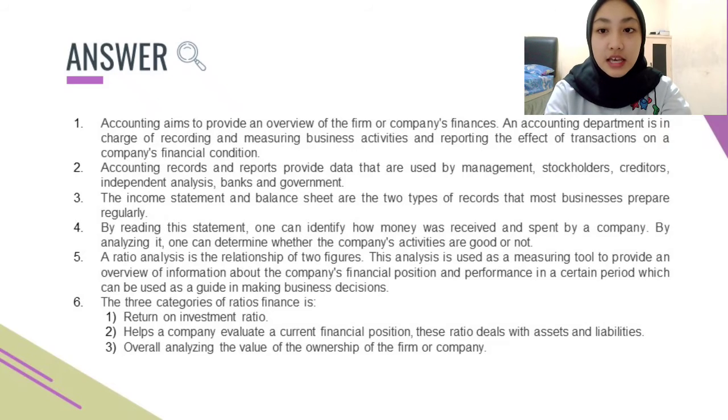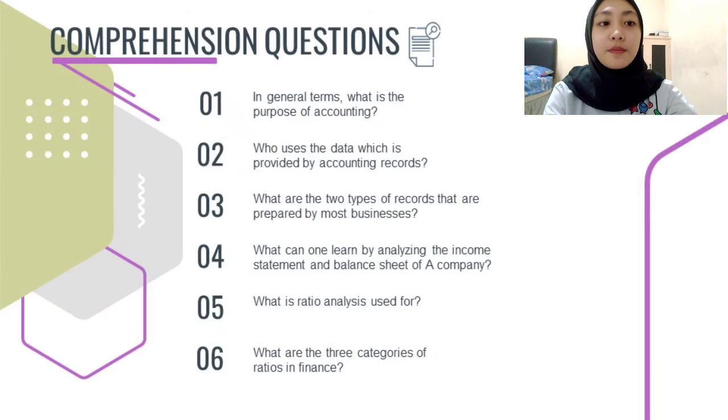This analysis is used as a measuring tool to provide an overview of information about the company's financial position and performance in a certain period, which can be used as a guide in making business decisions.